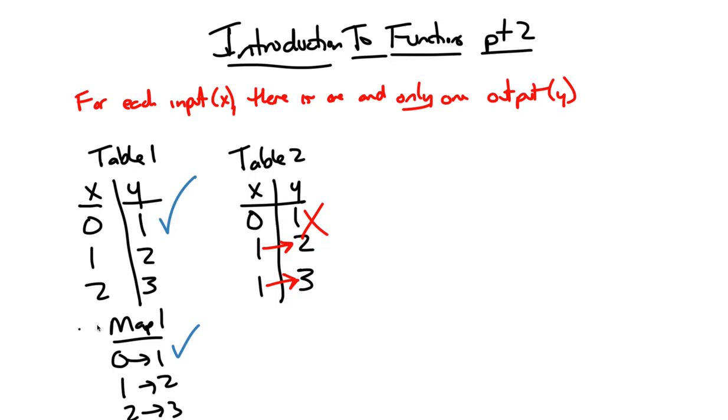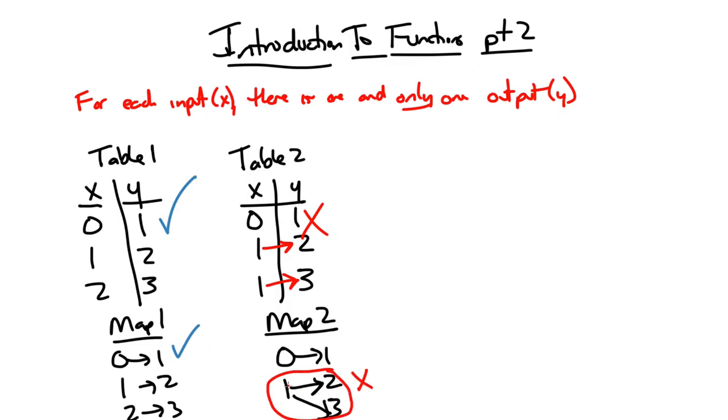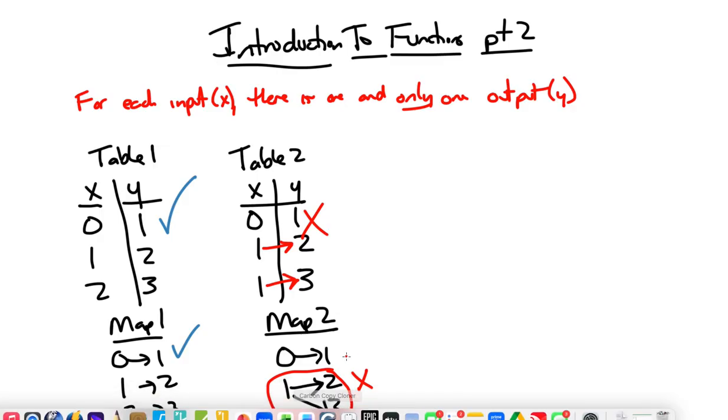But if I take that same information and make a map of it over here, I've got 0 goes to 1, and 1 goes to both 2 and 3. So no, this is not a function because of right here: 1 goes to 2 and 3. There's more than one output.